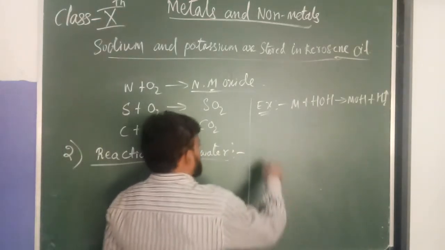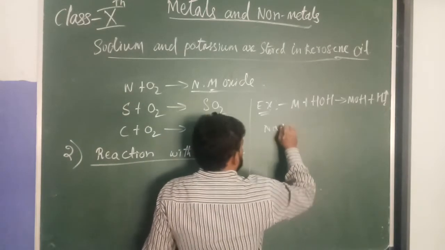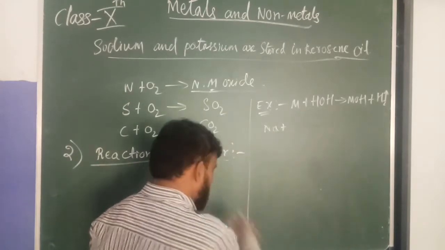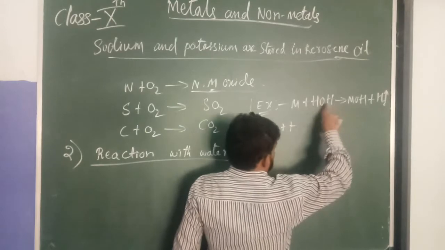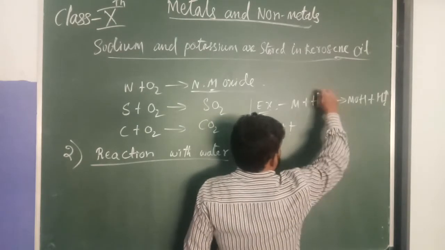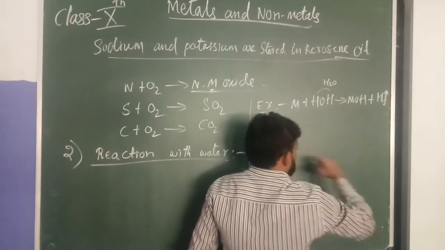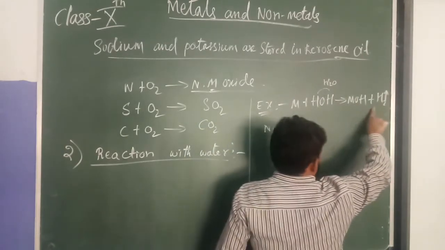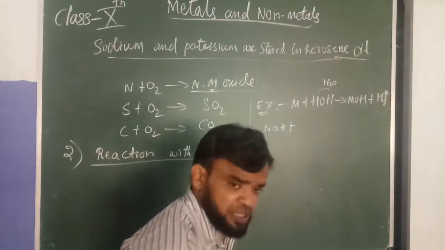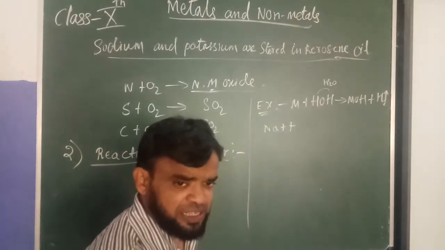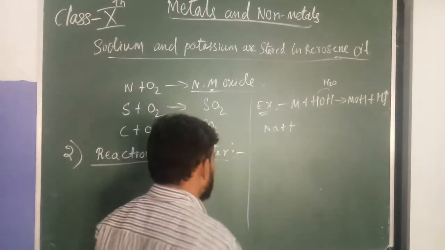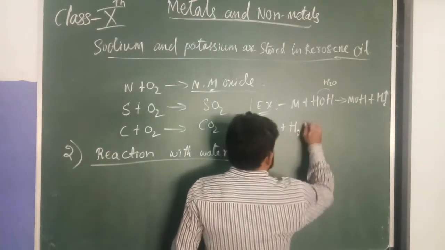If you take sodium plus water, don't take it as H2, this is H2O, water. Don't get confused. Understood? Metal hydroxide plus hydrogen gas will be liberated. Similarly, I will take sodium plus H2O.